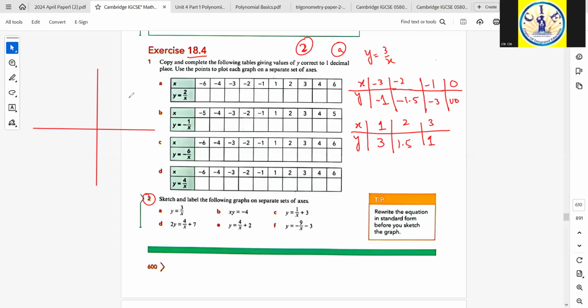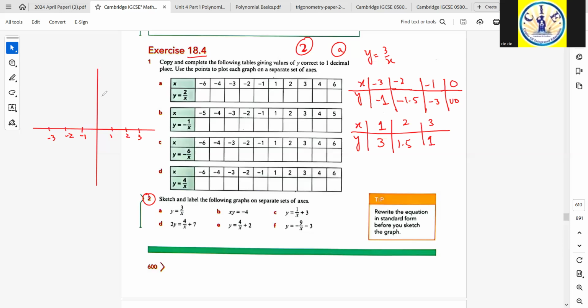So the values of x are 1, 2, and 3, and -1, -2, and -3. I'm doing them manually without graph, so the distance might not be uniform, but the concept is what I need to clarify.